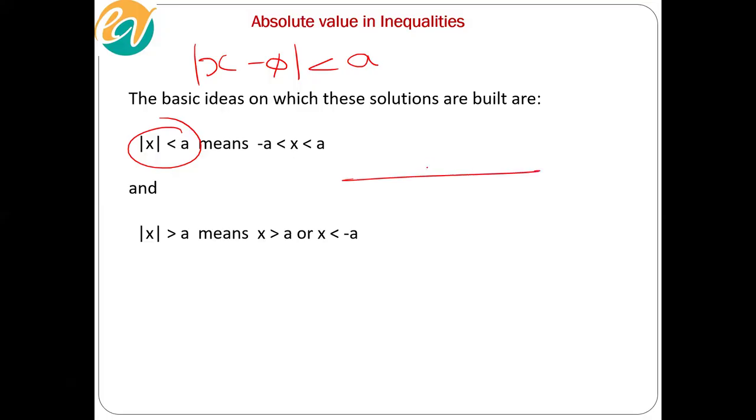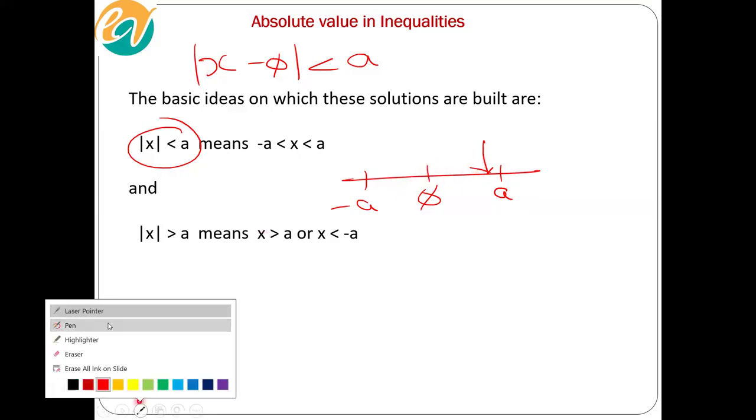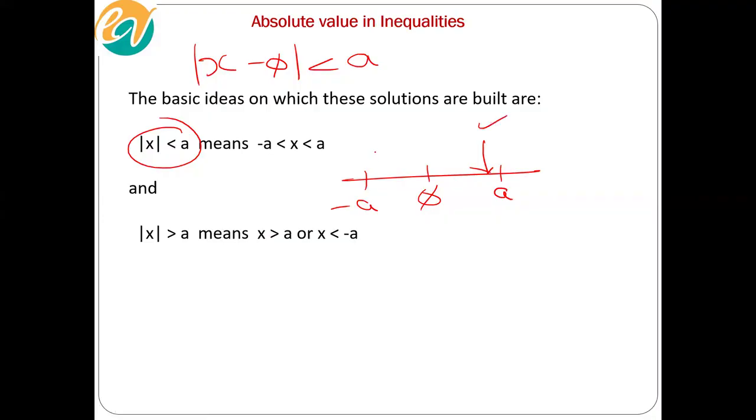So again, if this is 0, this is a, this is minus a. Given that the distance between x and 0 has to be lesser than a, can x be this? Yes, right? Because then the distance between x and 0 is obviously lesser than a. Similarly, can x be this?